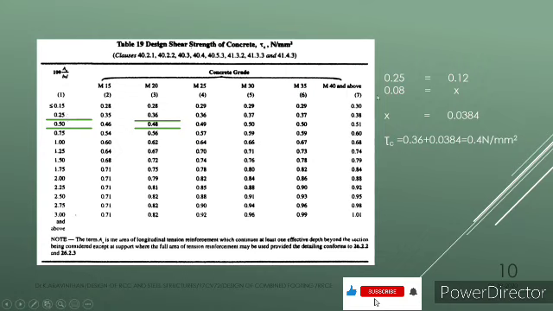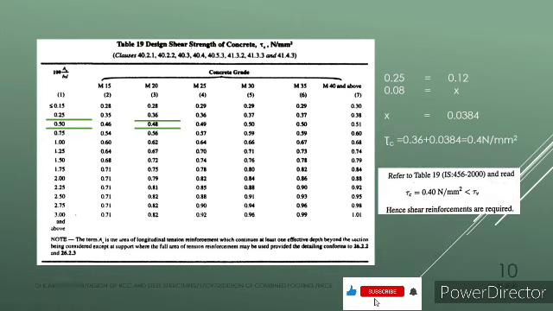So if I am adding 0.08, what will be the value for this? If you need x, you can cross multiply and find x. Here x I got as 0.0384, and if I add this value to 0.36, I am getting 0.4 Newton per mm square. So, referring to table 19, we got that tau c is 0.4 Newton per mm square.